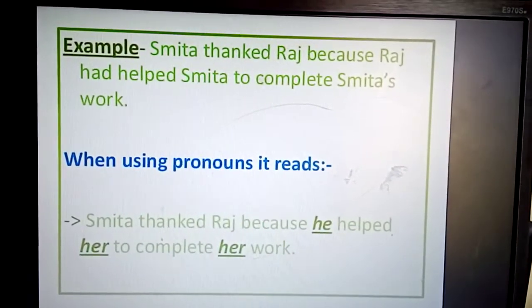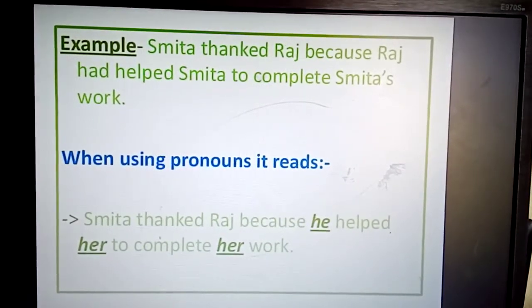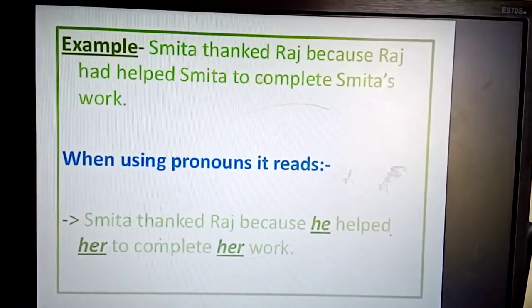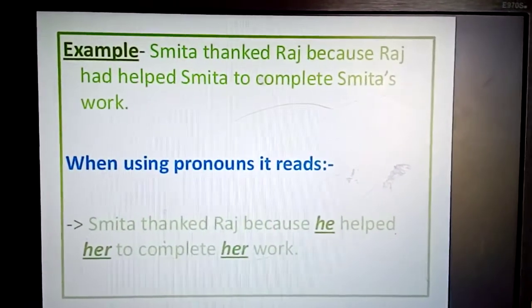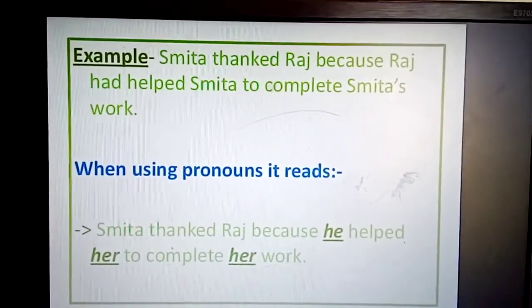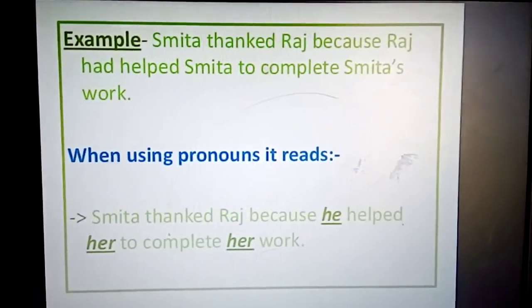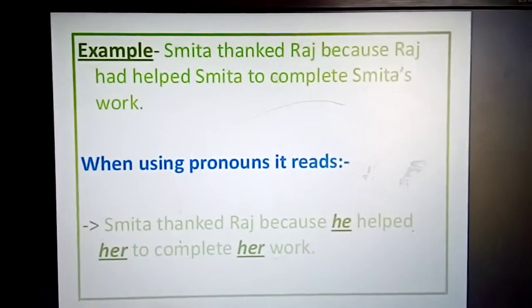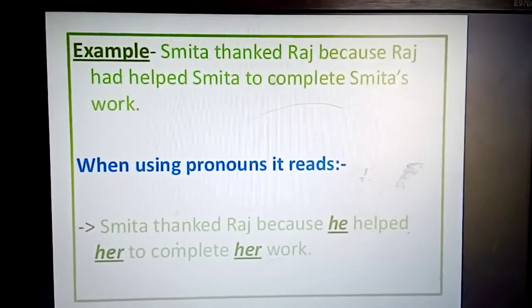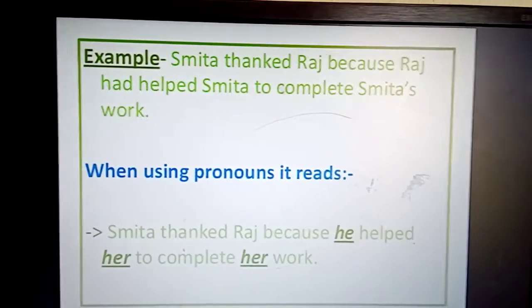Asmita once again a noun, to is a preposition, complete is a verb, Asmita's work. Asmita is once again a noun here, and work is also a noun. Asmita and Raj, these are the two nouns which are repeated in the sentence.